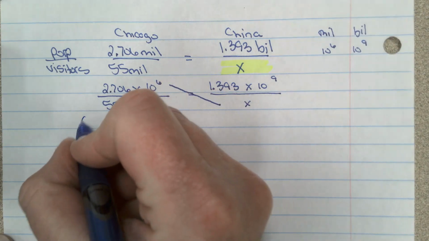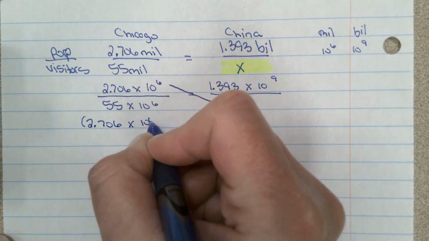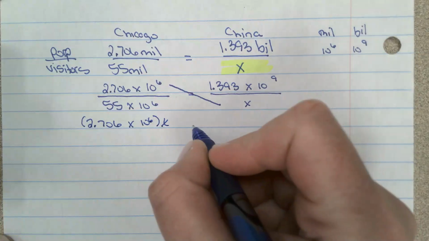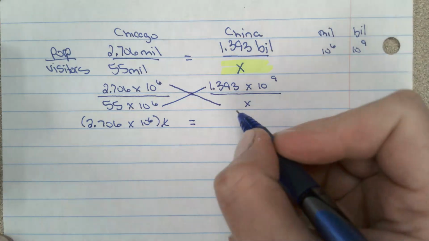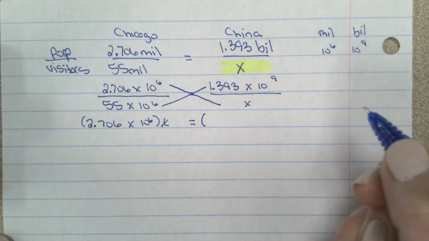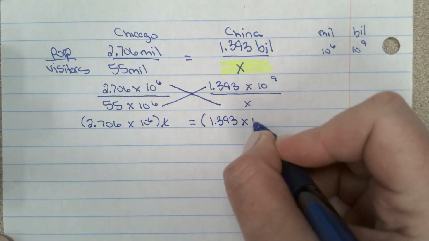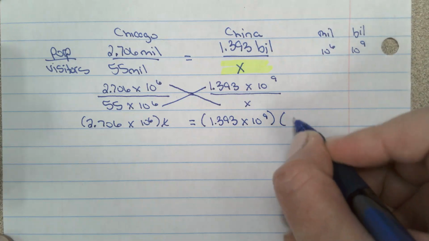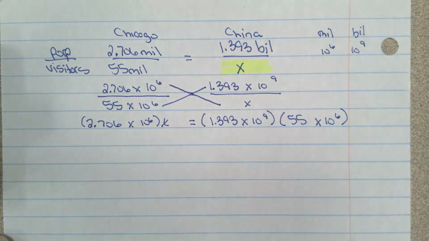You don't really need to do anything. 2.706 times 10 to the 6 x equals, and then when I cross multiply this, you're definitely going to have to use parentheses here. So I have 1.393 times 10 to the 9th times 55 times 10 to the 6th.